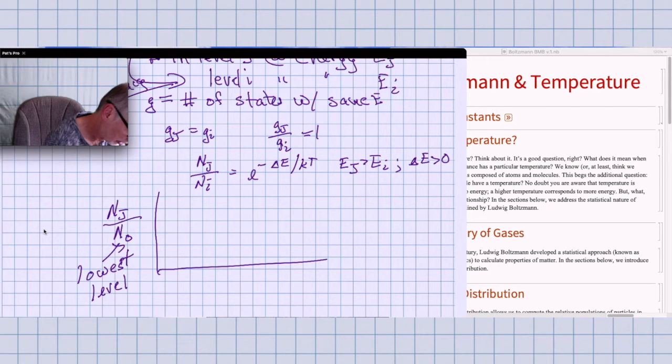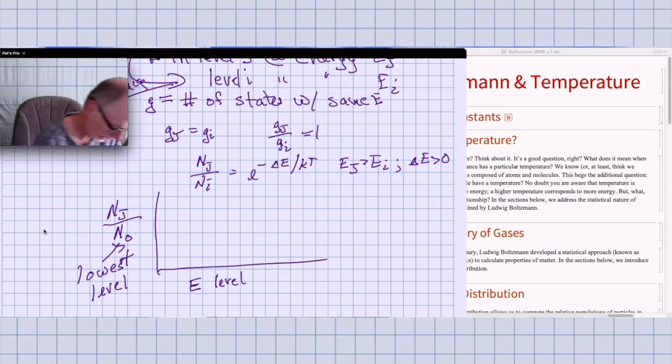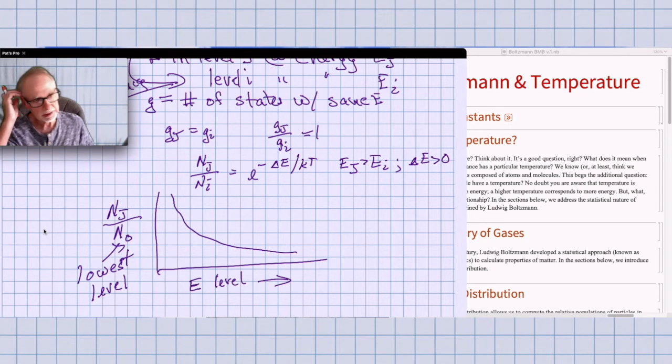It's just going to be a simple relationship here as we go to level as we do the energy levels. So as the energy levels increase in this direction, then we get a simple exponential, kind of looks like that, decay.